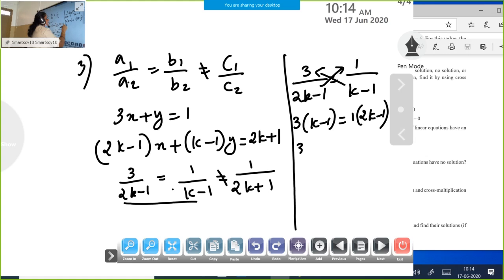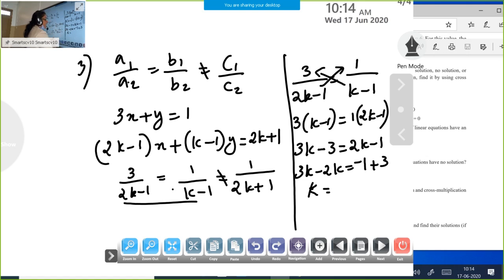Open the bracket. 3k minus 3 is equal to 2k minus 1. That is 3k minus 2k is equal to minus 1 plus 3, so k is equal to 2. The value of k is equal to 2.